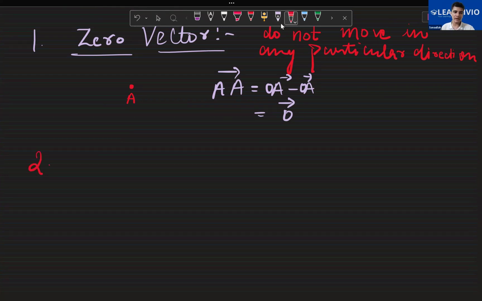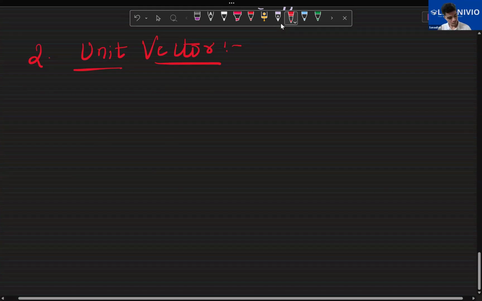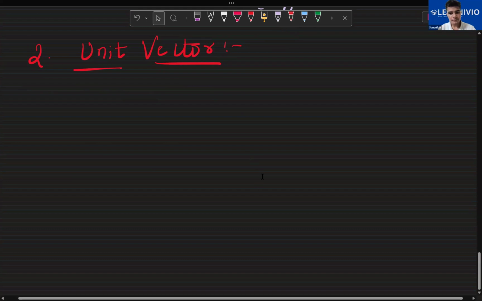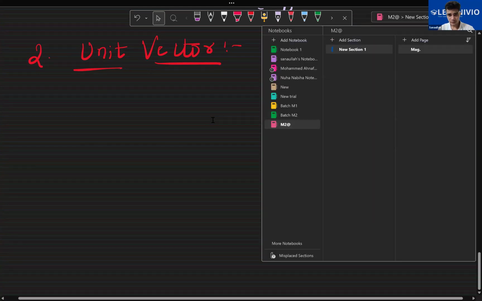So as the name suggests, it is a unit vector. What do you mean by unit vector? Anyone tell me, what do you mean by unit vector? Something that has I cap, J cap, or K cap, and its coefficient is 1.